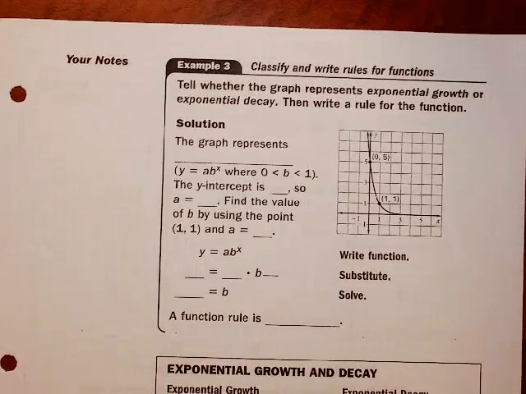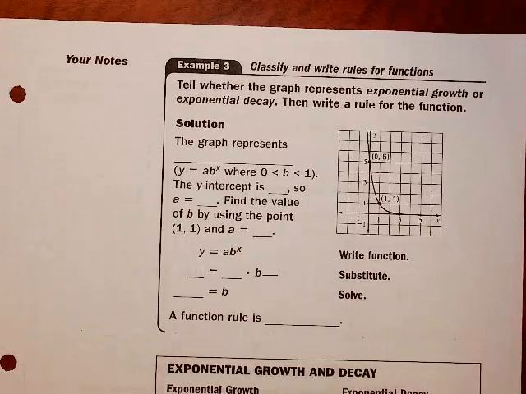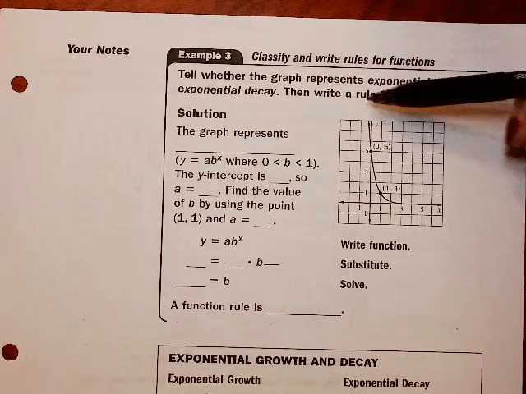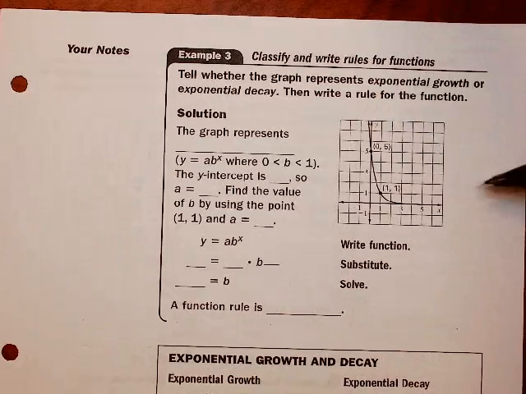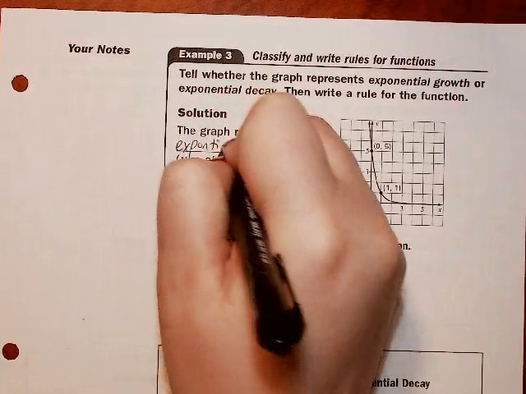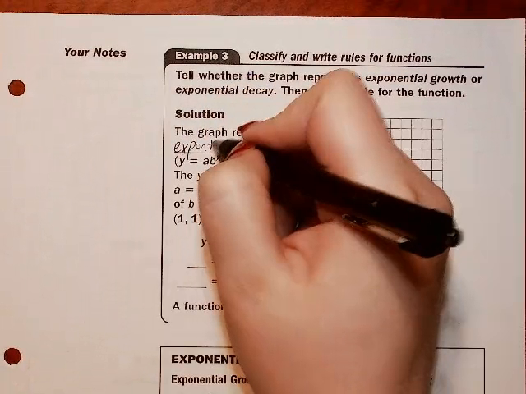Okay, so tell whether the graph represents exponential growth or decay. Then write a rule for the function. Since it goes down from left to right, we know that it is exponential decay.